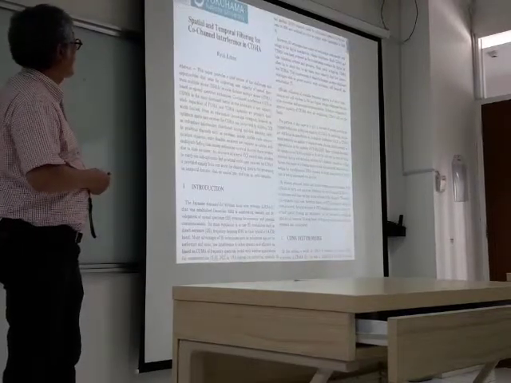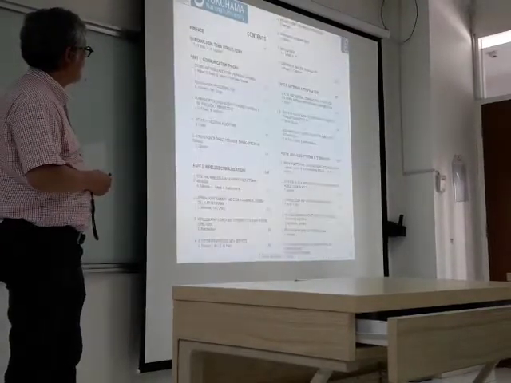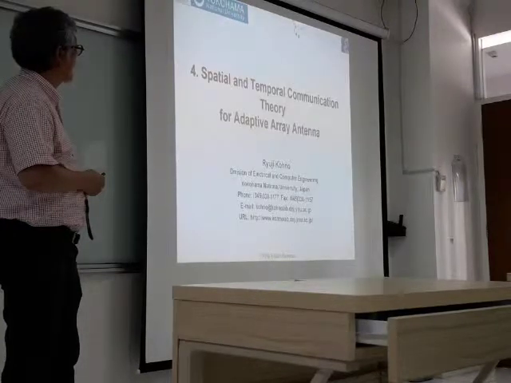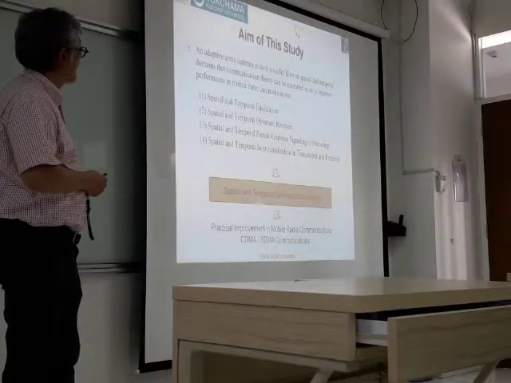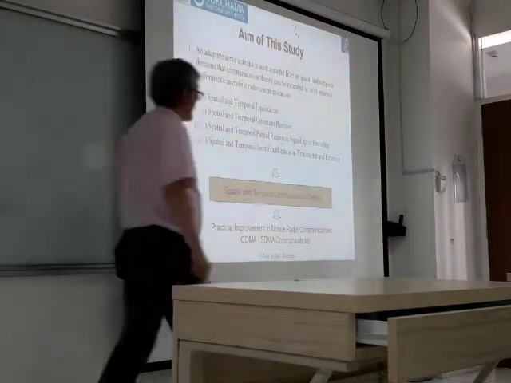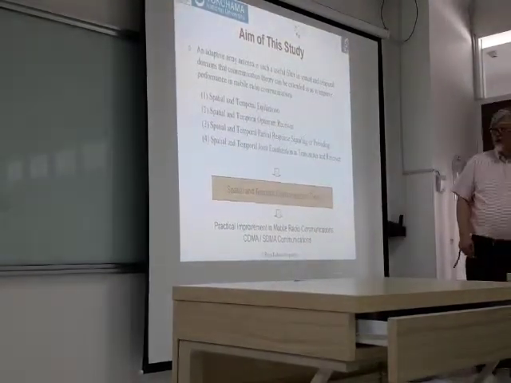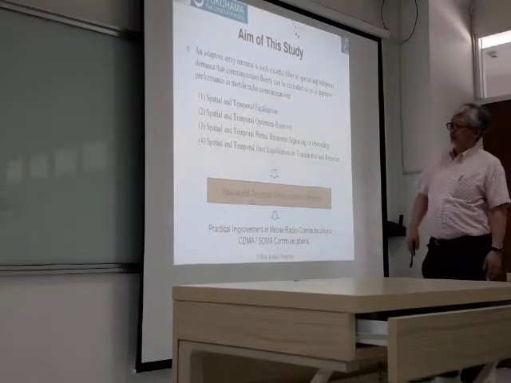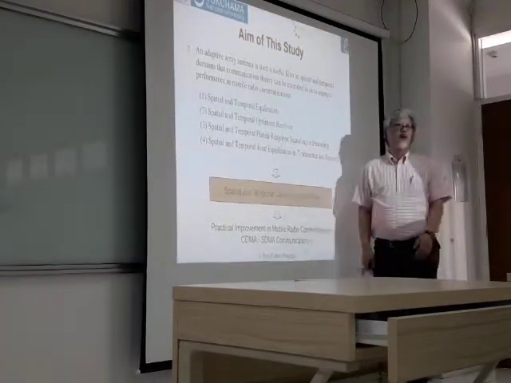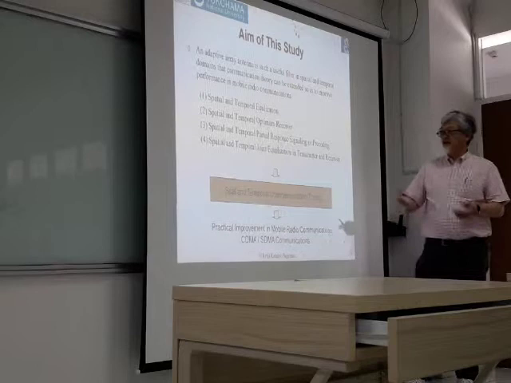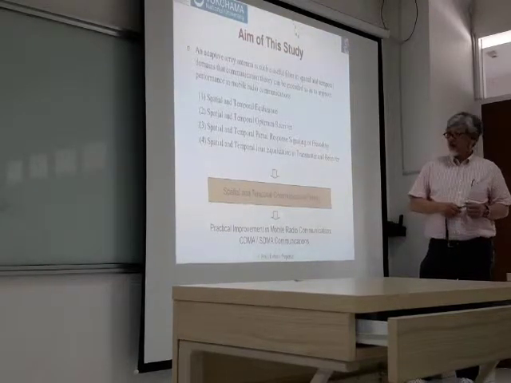Let me briefly introduce the theory. The usual communication theory is based on the time domain. By using an array antenna, we extend to the space and time domain. That's what we call the spatial and temporal communication theory.